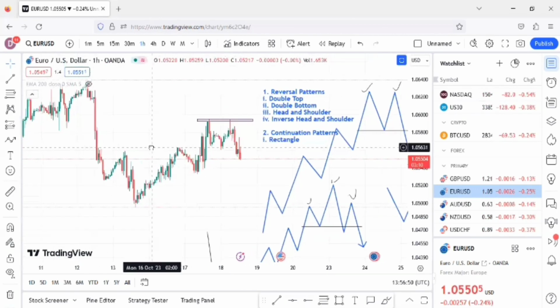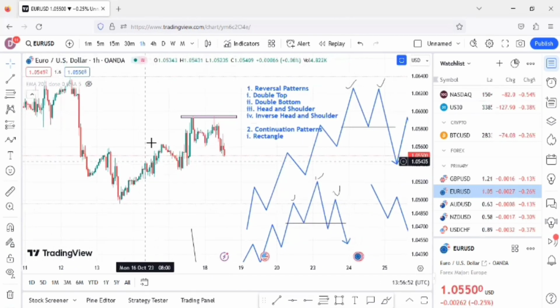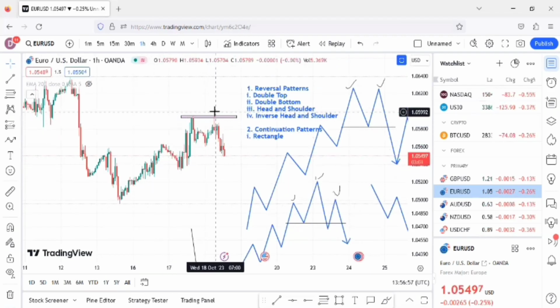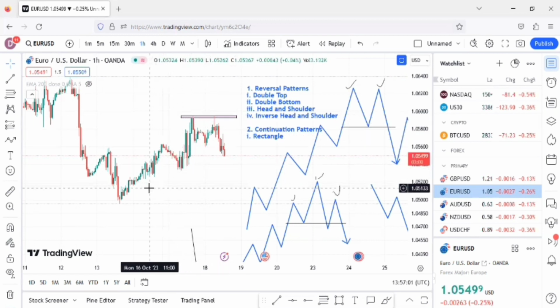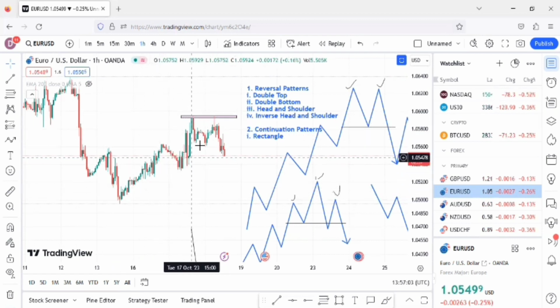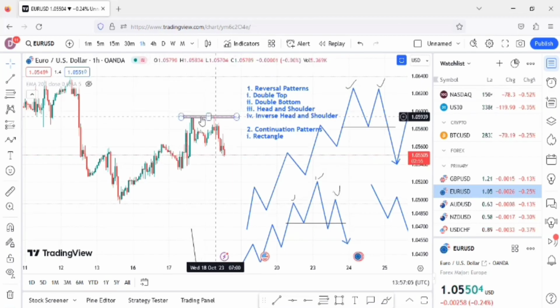The first one that you're going to see here is this. Euro USD is about to fall with this pattern that I'm seeing on the chart right now. What do you see here? A double top in an uptrend. Is this not an uptrend?